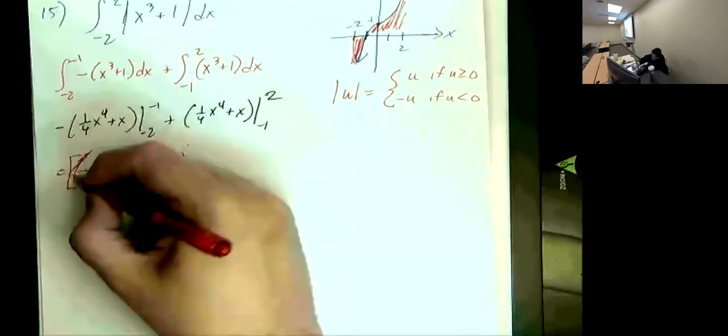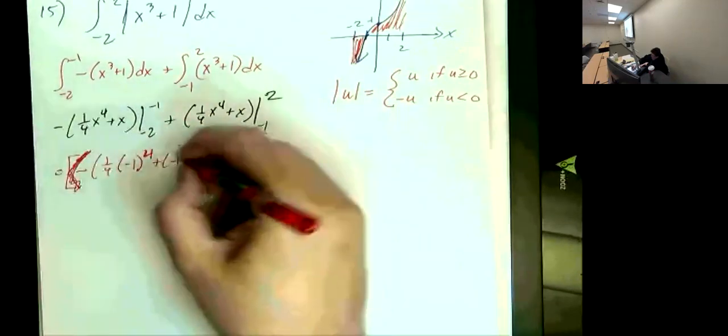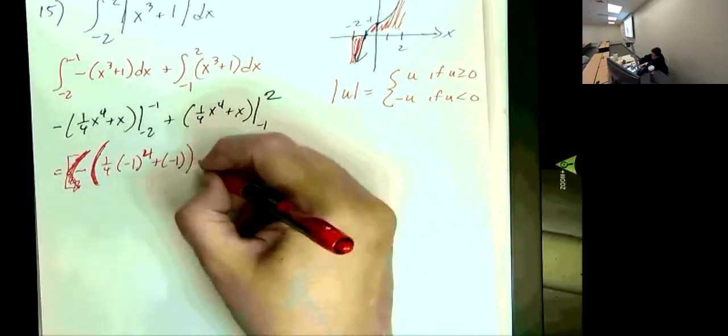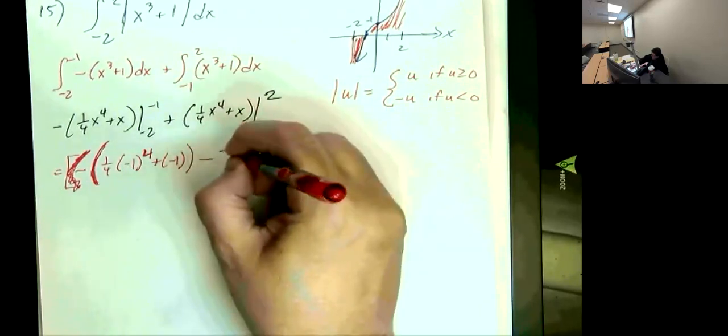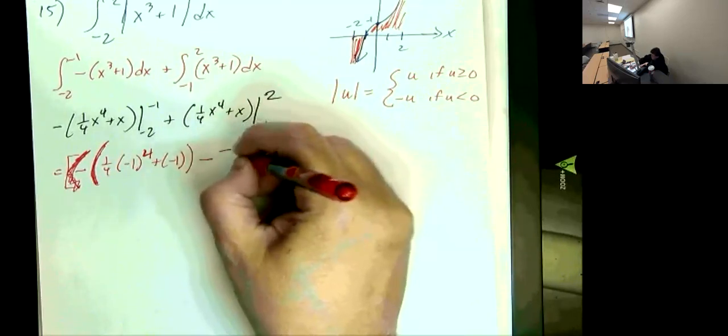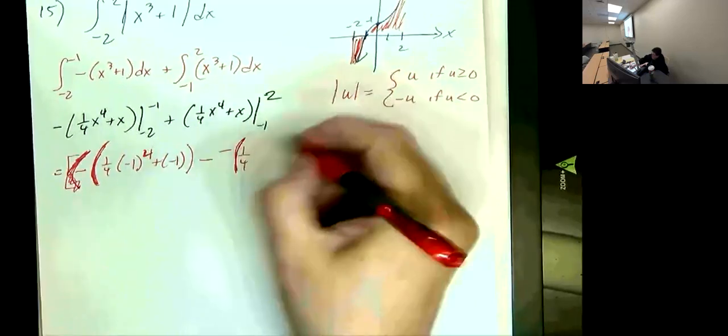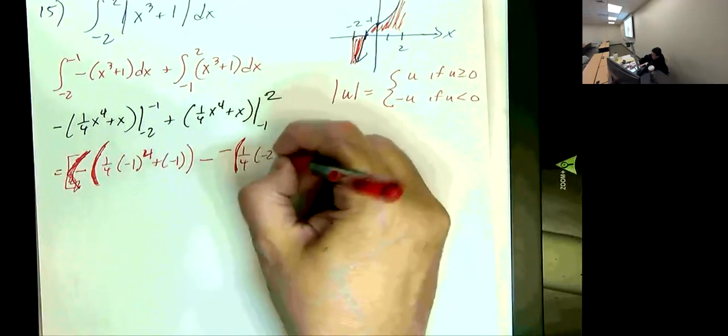No, I had it the way I wanted it. We'll make that a big fraction right there. Minus, and then we got negative 1/4 times -2 to the 4th.